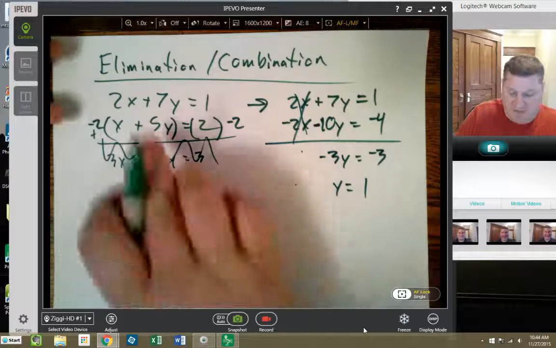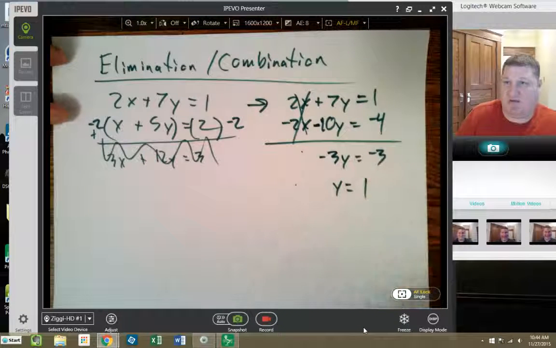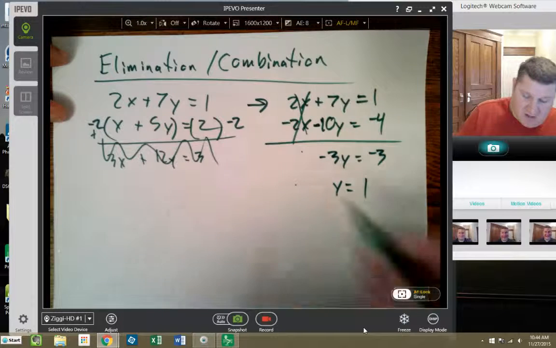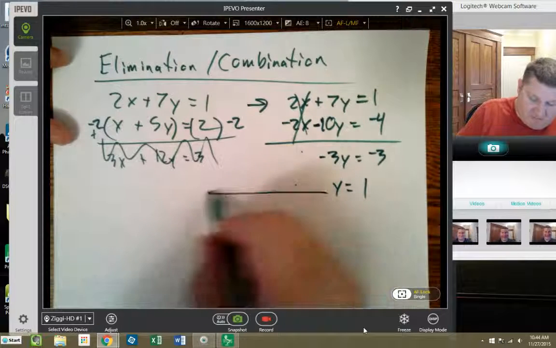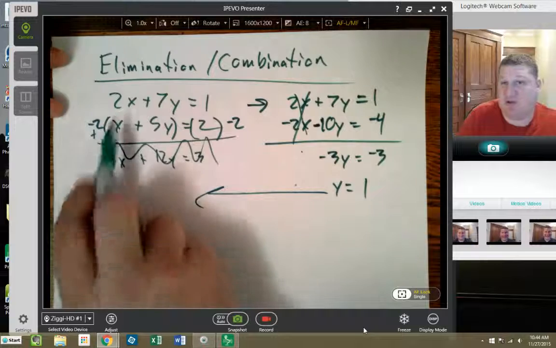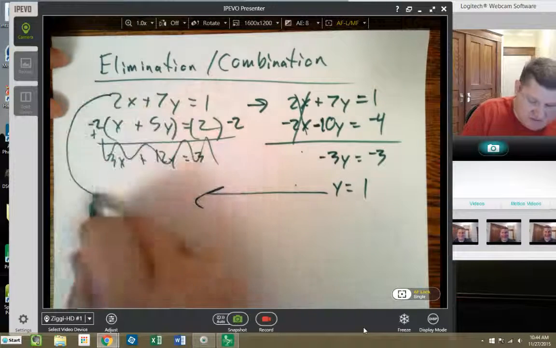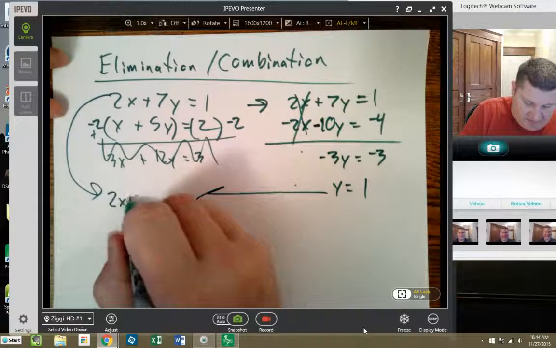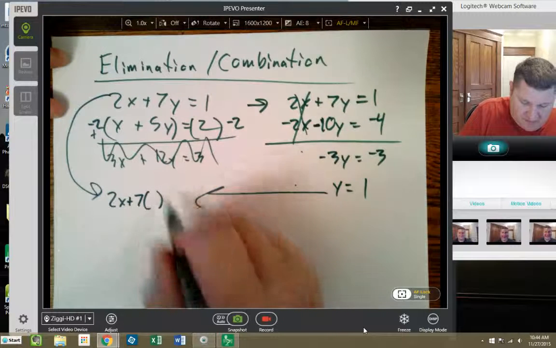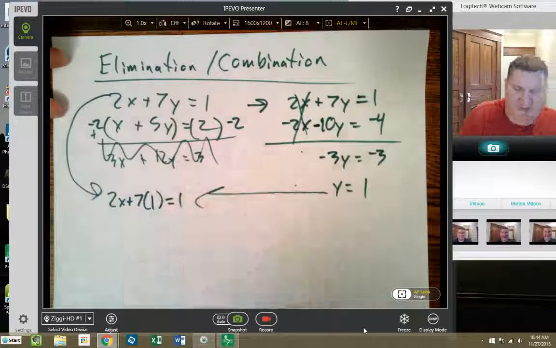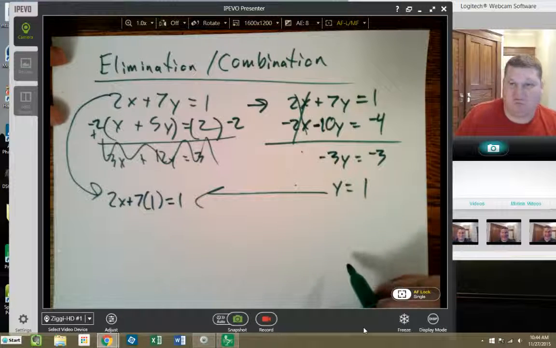Once I have eliminated one of the variables, what do I do next? That's right, we're going to put it back into one of the other two equations. Does it matter which of these two equations I use? No, it doesn't. I'm going to choose the top one. 2x plus 7 equals 1, and I substitute 1 in for y.